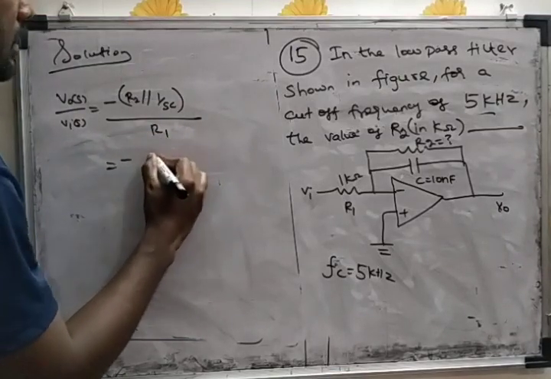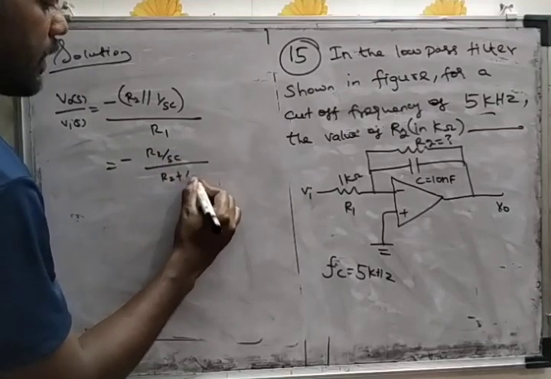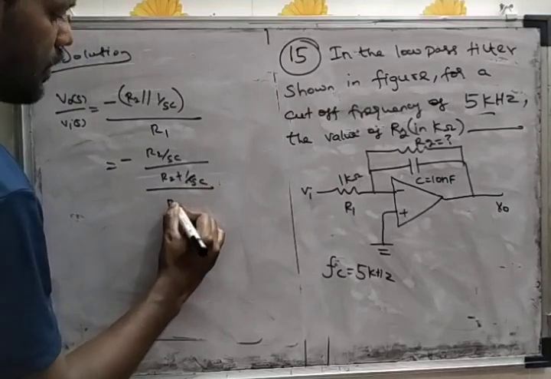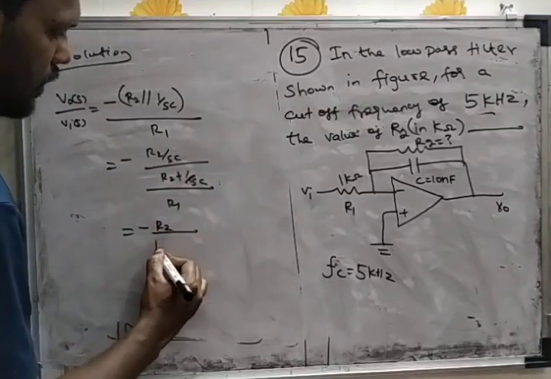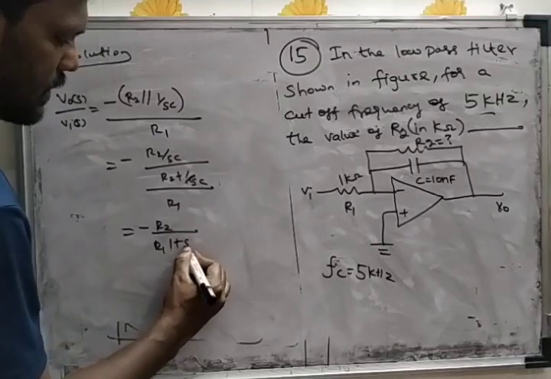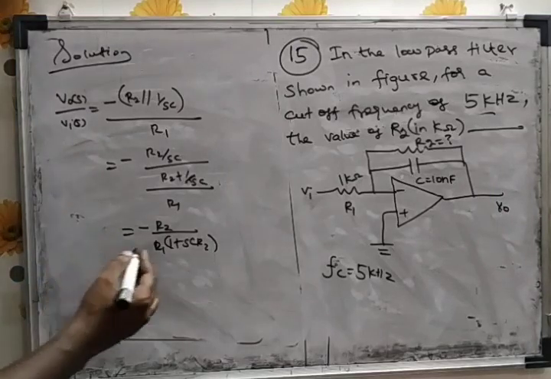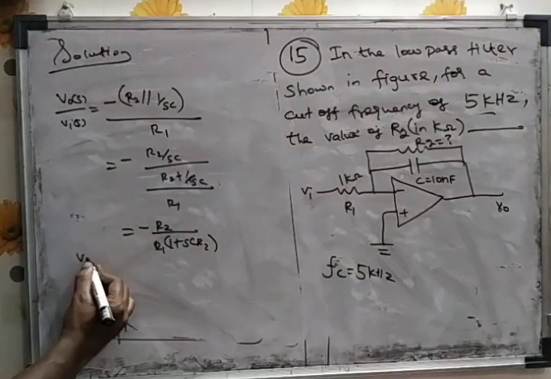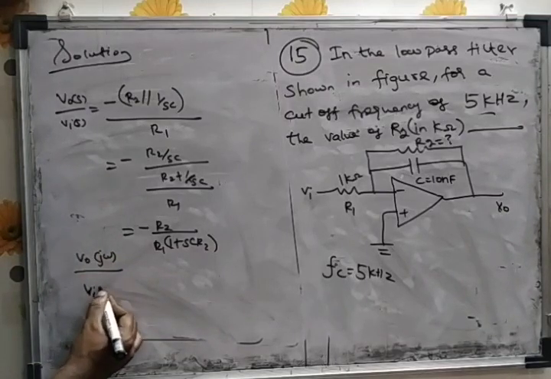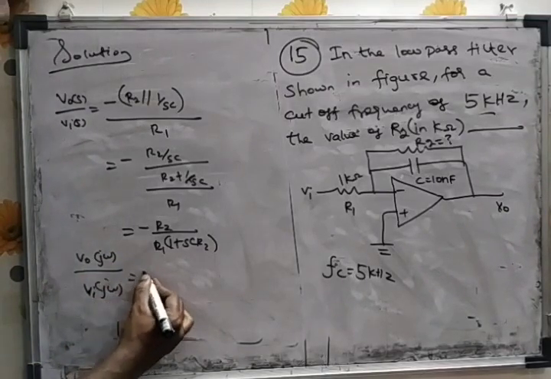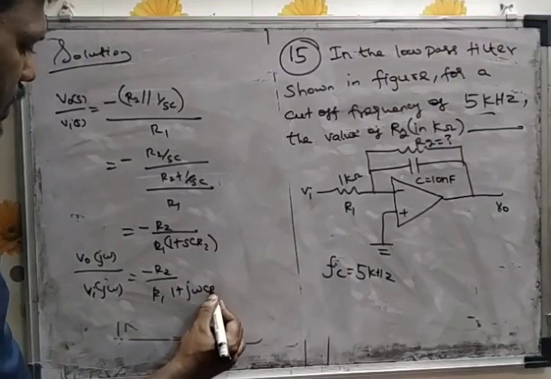So minus R2 by SC by R2 plus 1 by SC, by R1. If you simplify, you will get minus R2 by R1 into 1 plus SC R2. So put S equal to J omega, you will get V naught of J omega by VA of J omega equal to minus R2 by R1 into 1 plus J omega C R2.